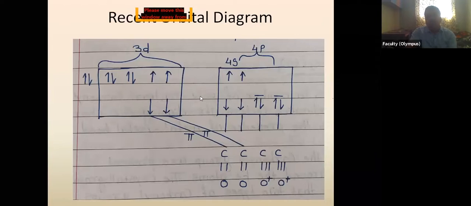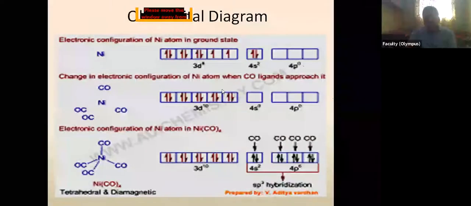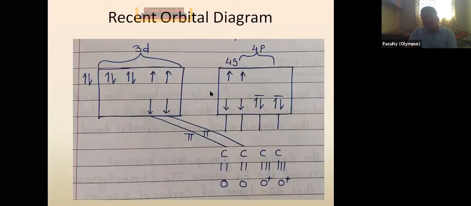What it says, previously we have said that the electrons from 4s shift to 3d. In the previous slide we have said that the electron from this 4s orbital shifts to 3d. But the recent diagram says that the electrons do not shift. It undergoes 4s and 4p sp3 hybridization.